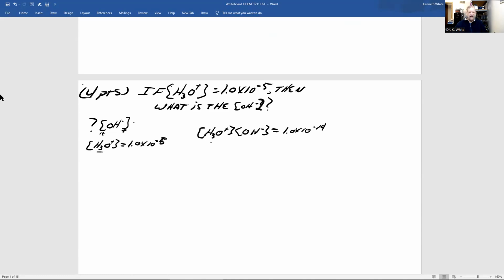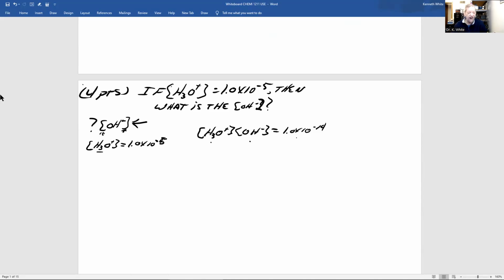The hydronium ion concentration times the hydroxide equals 1.0 times 10 to the minus 14. What are we trying to solve for? Hydroxide, OH minus. How do we get it alone on one side?